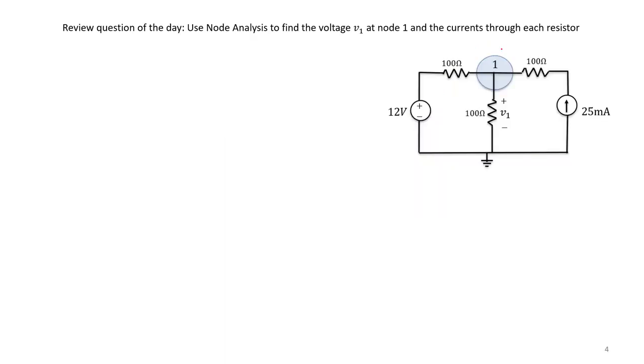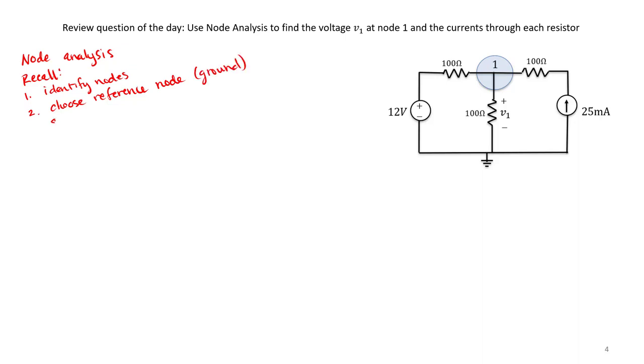Okay, so let's go ahead and try this question. We are being asked to use node analysis. And you might recall the steps of node analysis. First, we want to identify our nodes. Then we need to choose a reference node or a ground, and we set that reference to 0 volts.